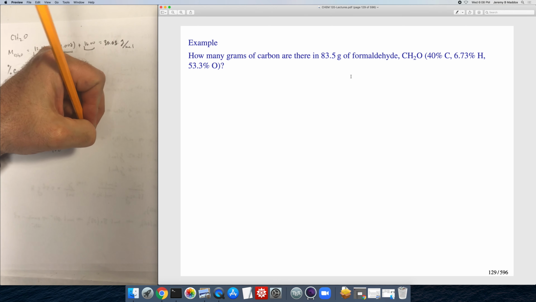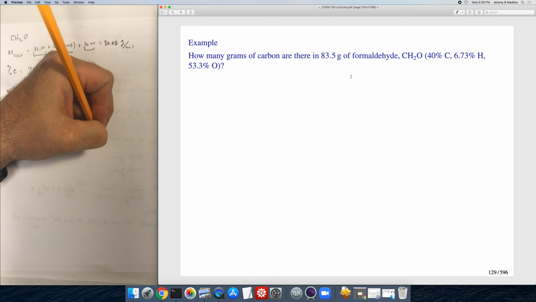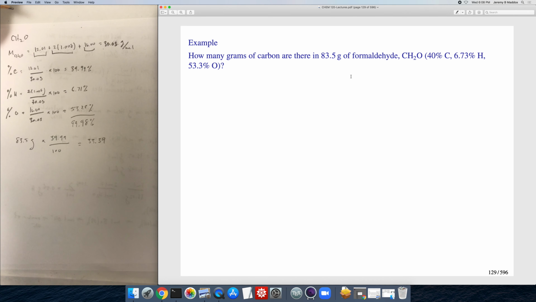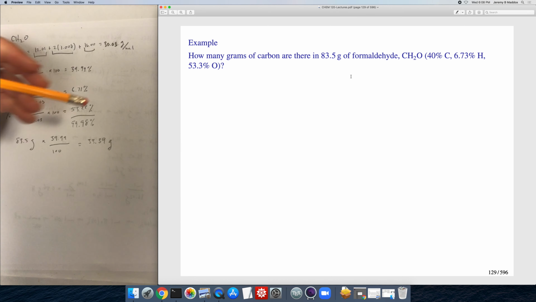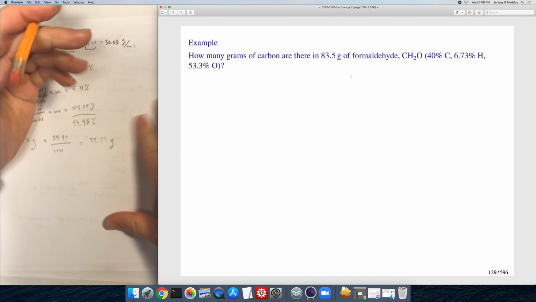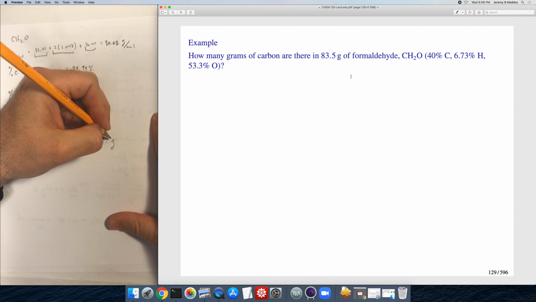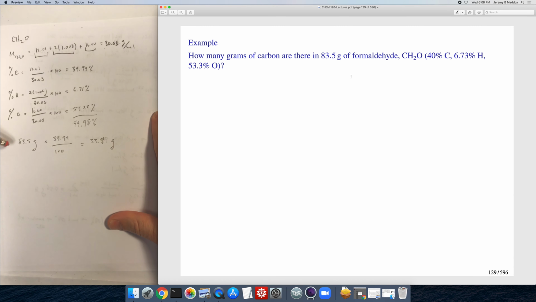And so that gives us 33.39 grams of carbon. And we might round that to 33.4 grams to be consistent with our sig figs in the 83.5.